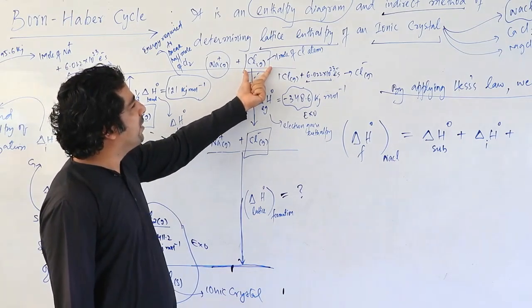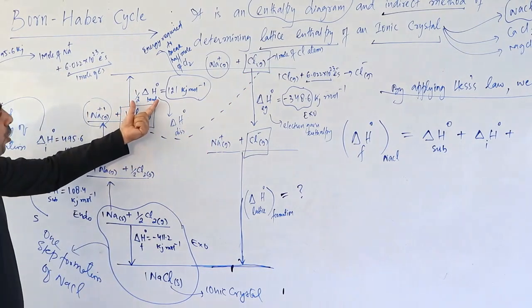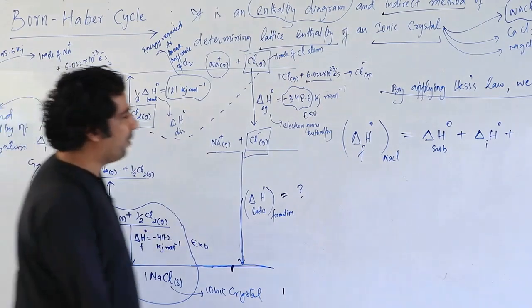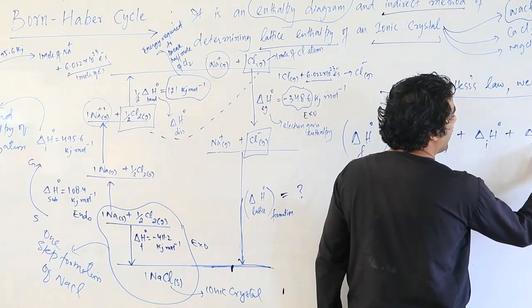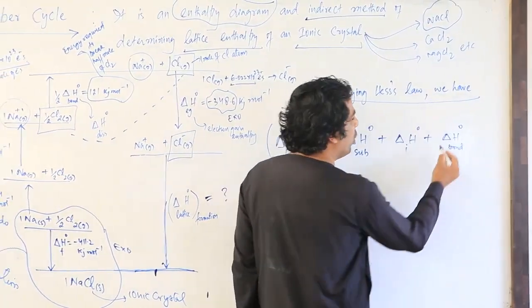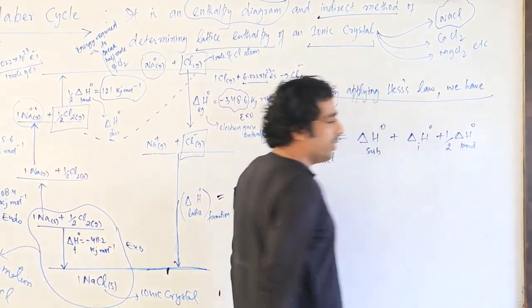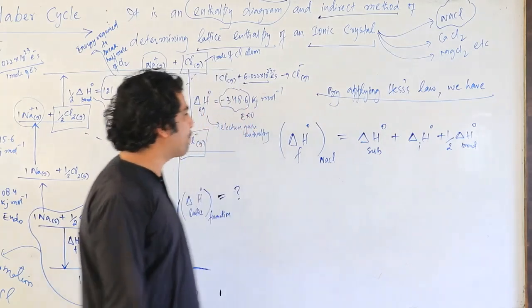So obviously, which energy is required for this process? Bond enthalpy, but how much? Half. So you will use here the bond dissociation enthalpy, but we are calculating it only for half mole, so it is 1 by 2. If you calculate it for 2 moles, then 2 into delta H naught, correct?